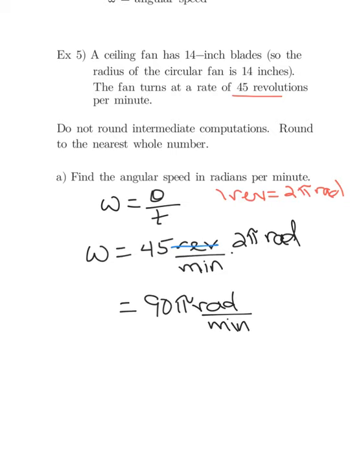So that is our angular speed. We are in how many radians per unit of time. Your instructions in ALEKS say to round your answer to the nearest whole number. So if you take that 90 times pi, you're going to get 282.74. And then it says to round it to the whole, so we're going to say approximately 283 radians per minute.